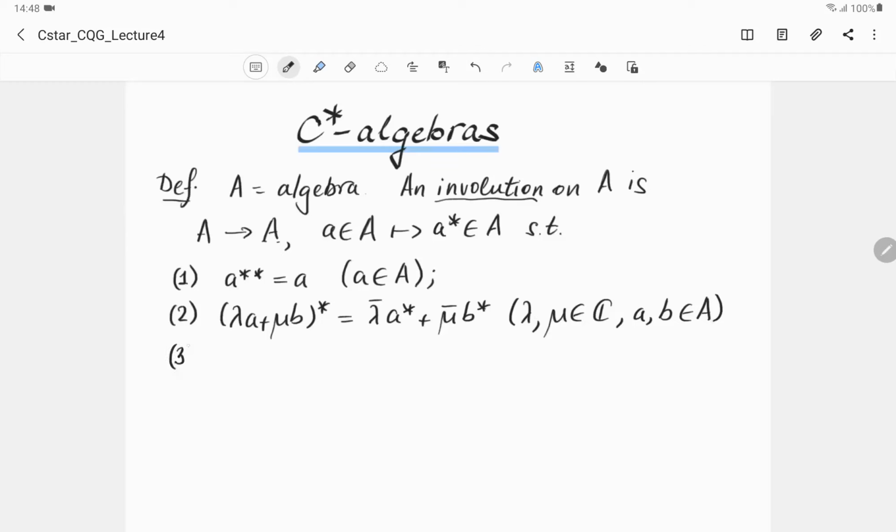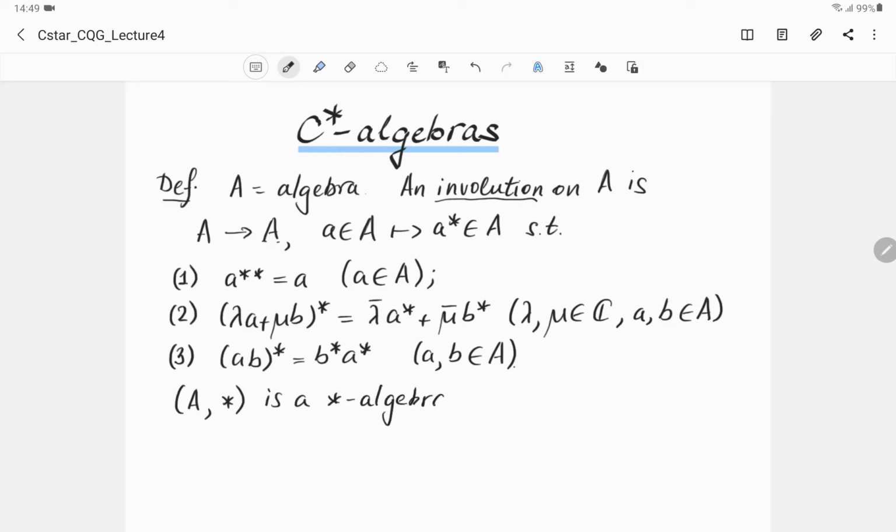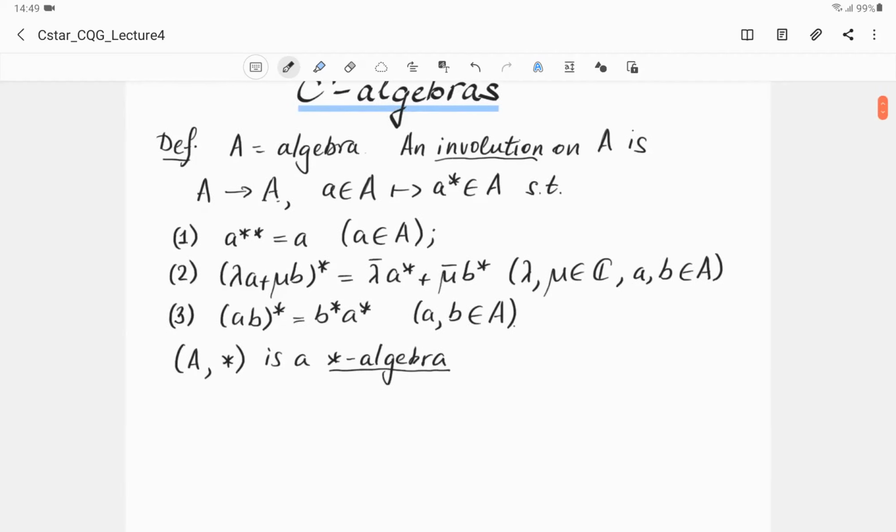And finally, the involution is a ring anti-homomorphism, in the sense that (AB) star equals B star A star for each pair of elements in our algebra. An algebra with a fixed involution is called a star algebra. Okay, so this is a purely algebraic definition.